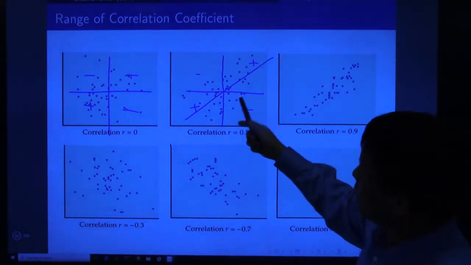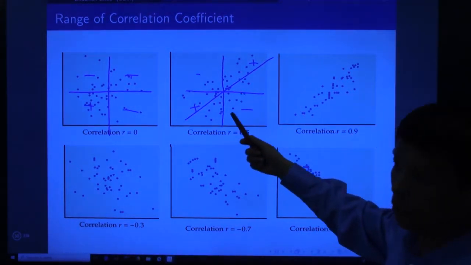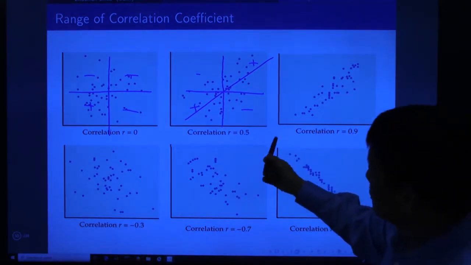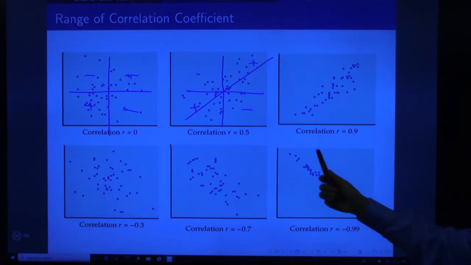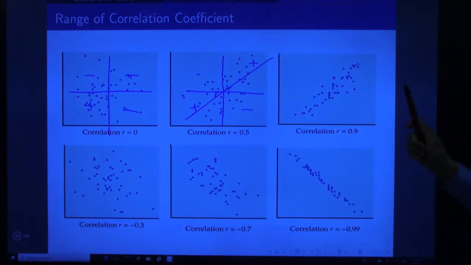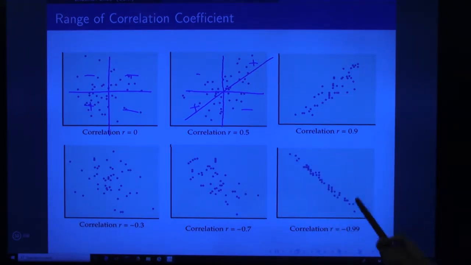So the sum will be positive, but it may not be close to 1. Actually, in this example, r equals 0.5. We claim that the x and y values in this example are positively correlated, but the correlation is not that strong. In this case, the correlation coefficient is only 50%.